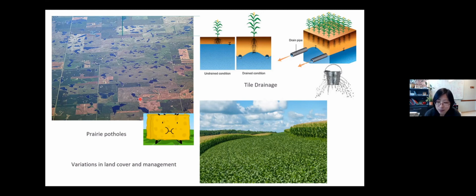They're like small ponds in the farmlands. They can retain water in the system and reduce the overland flow, so they make our system like a sponge. But on the other hand, we install many tile pipelines like this to drain the excessive water and reduce waterlogging around the crop root area, which makes our system way more leaky than other areas in our country.